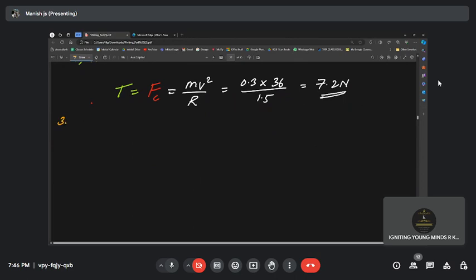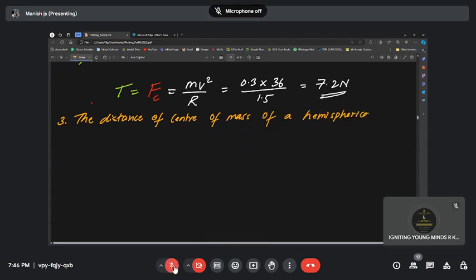Okay, let's see the next question. The distance of the center of mass of a hemispherical shell of radius r from its center is.